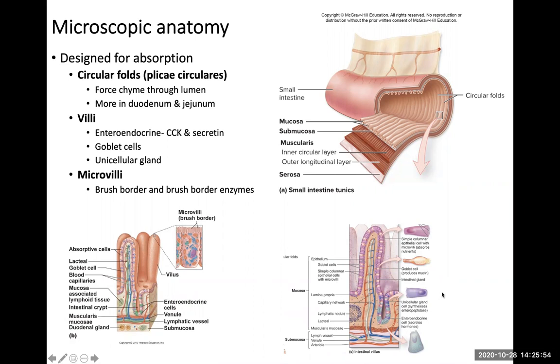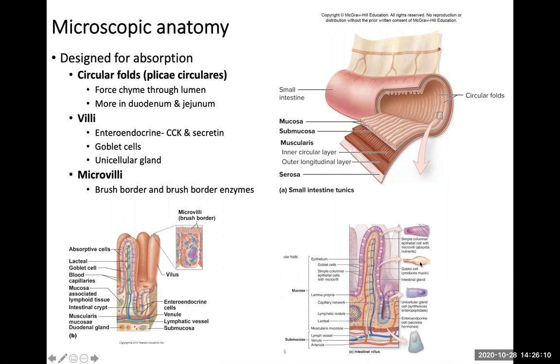And then we have what are called unicellular gland cells, which make an important enzyme called enteropeptidase. If you look over at this picture right here, you can see those villi, and you can see the cells I was just discussing.